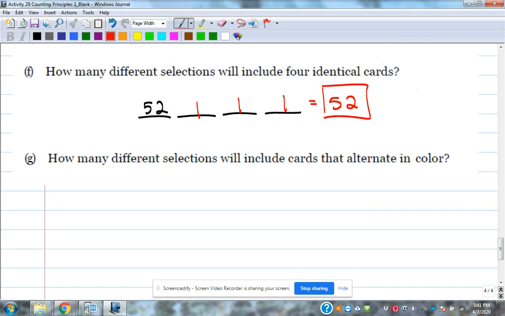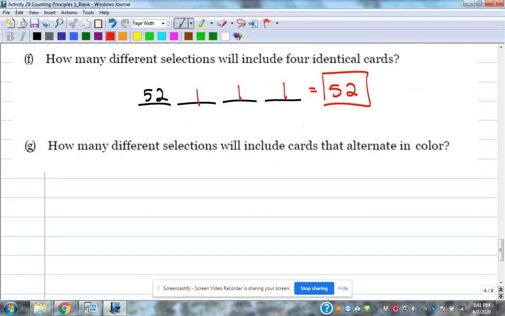And then G here, how many different selections will include cards that alternate in color? Okay, so again, alternating in color, we got 4 choices. The first card decides. It's either a red card or a black card. And then the second choice has got to be the other one.